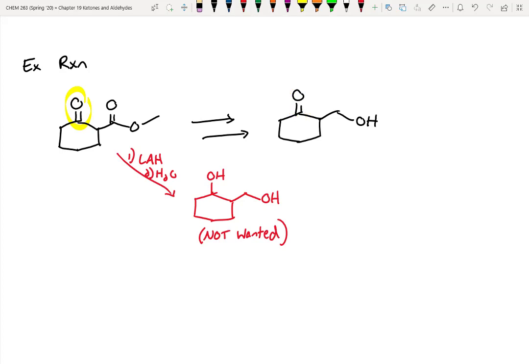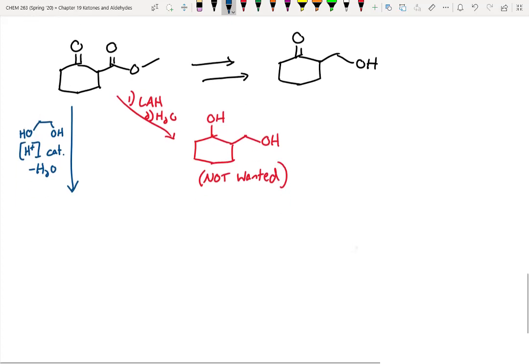Well, what we could do is first protect the ketone. In order to do that, I would treat it with ethylene glycol and my catalytic acid, and then I would remove water from the reaction system to drive this out of equilibrium.